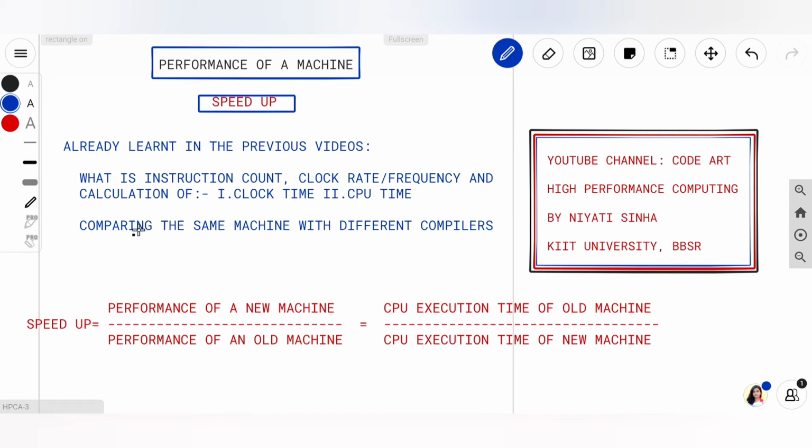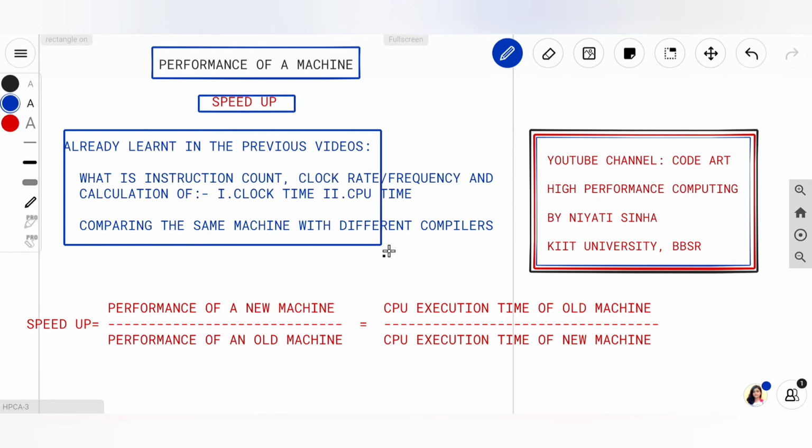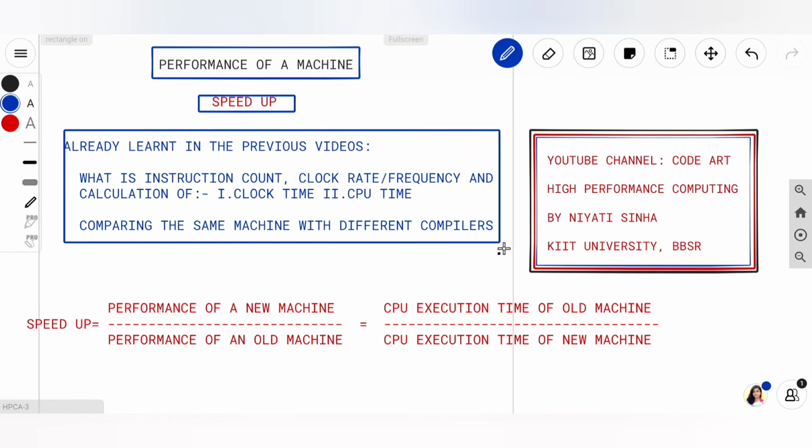We also learned how to compare the same machine with different compilers on the basis of execution time. We'll need this part in this video. If you don't know about this, then go through the previous videos first.